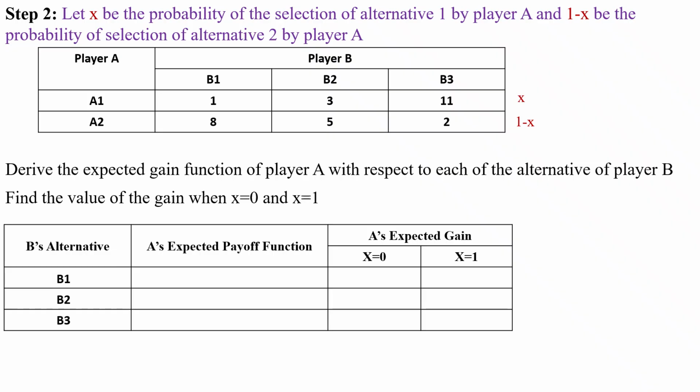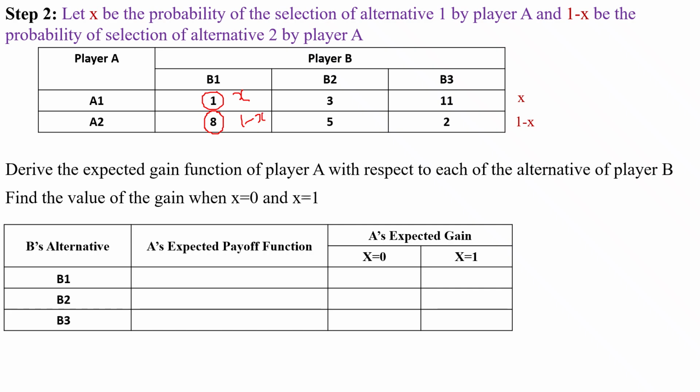Here you have to express the payoff values in terms of x. For player B's first strategy, B1, the payoff values are 1 and 8, and the probabilities of selection of the strategies are x and 1 minus x.